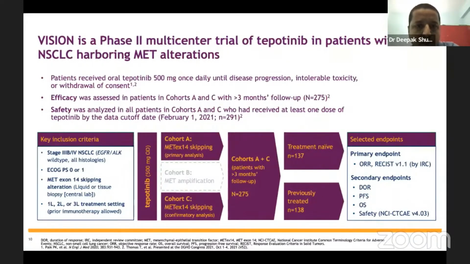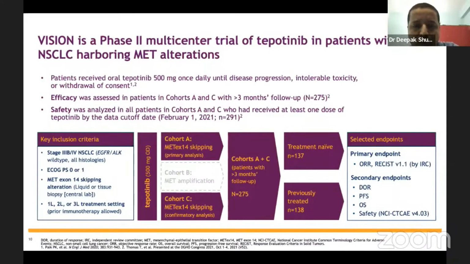Initially, the trial began with cohort A in September 2016 when the drug showed activity. Subsequently, cohort C was enrolled, to assess the confirmatory analysis in this whole population. Cohort B, which I won't be discussing, is for MET amplification.